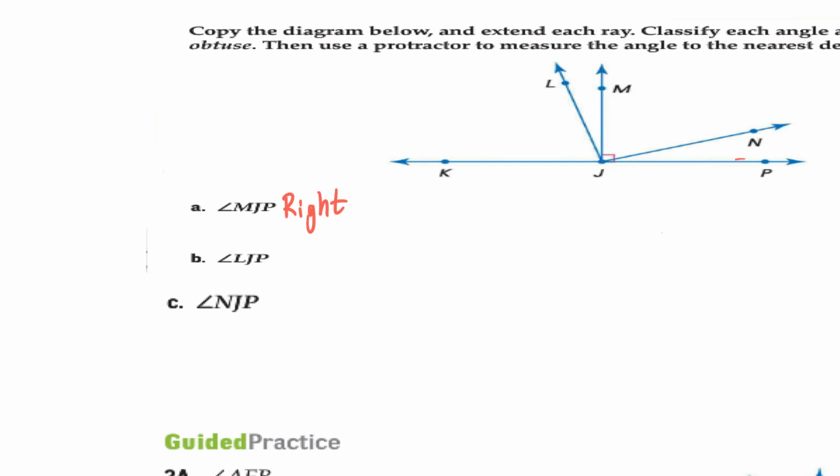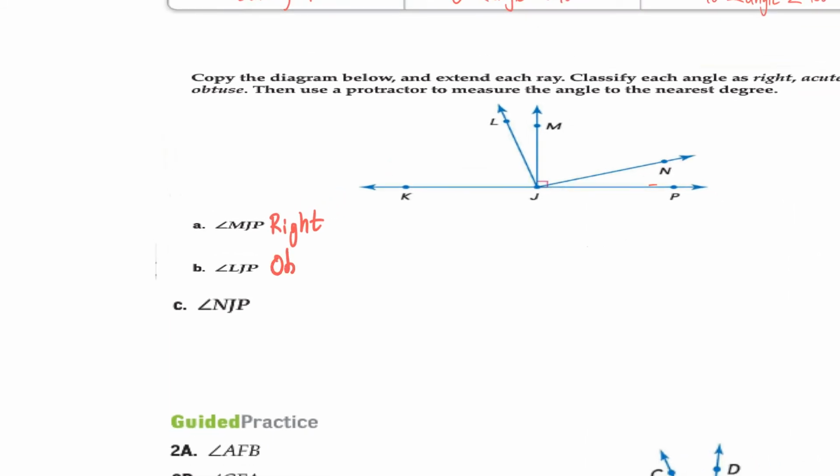Okay. What's up with LJP? It's obtuse. LJP is this one right here. You see how that's bigger than 90 for sure. And then what about NJP? It is acute.